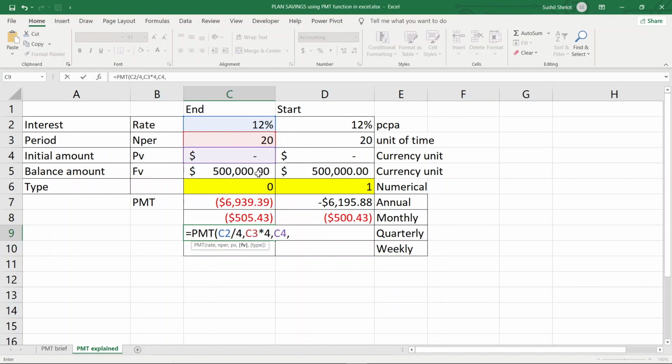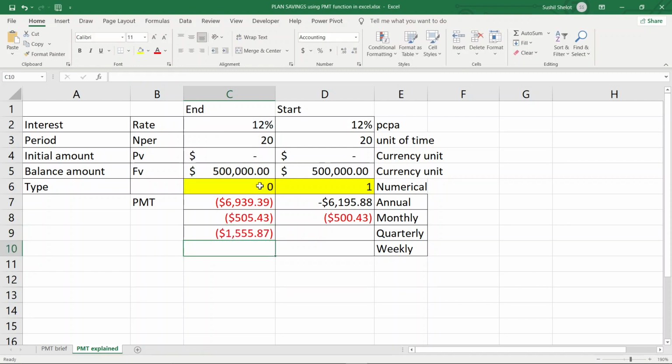The next thing is the FV value, that is the balance amount, that is in cell C5, that is 500,000 pounds, or rather it is dollars here. So irrespective of what currency we choose, the answer will remain the same. Well, there it is.